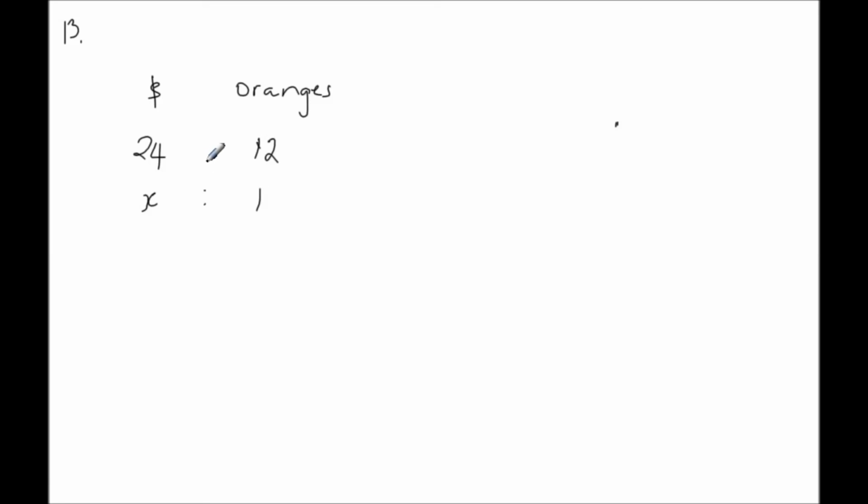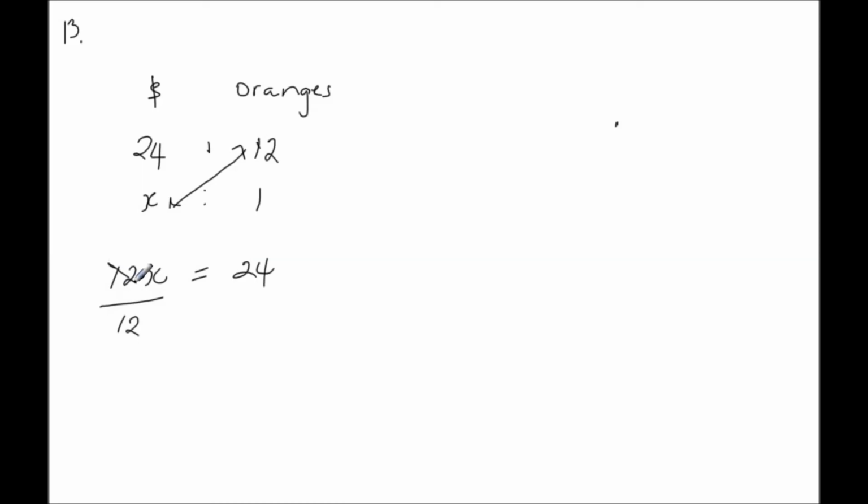So this is a simple ratio, and in this case we could cross multiply to find our answer. So we could multiply 12 times x and we will get 12x on this side. Put our equal sign, and we say 24 times 1 would give us 24. Now in order to find x, we need to divide this side by 12.